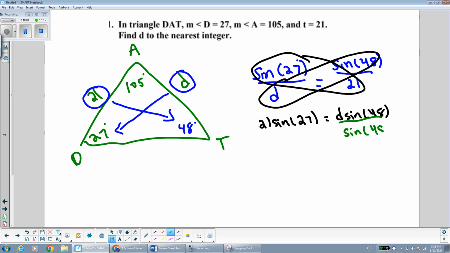So let's divide both sides by sine of 48. And this question does say to round to the nearest integer, which is whole number. So on my calculator, I'm going to type in 21 sine 27 divided by sine of 48. And to the nearest whole number, that is approximately 13. So D is approximately 13.